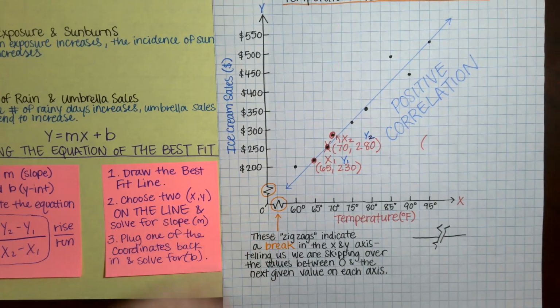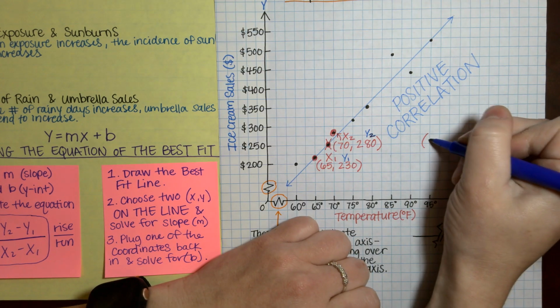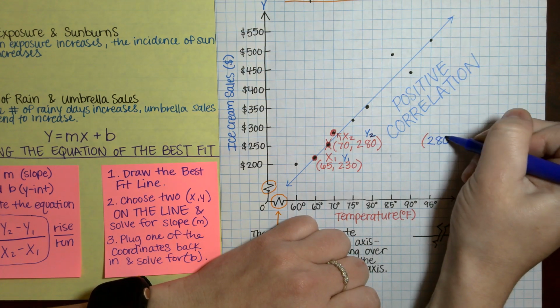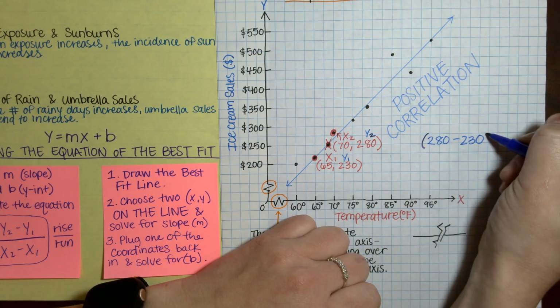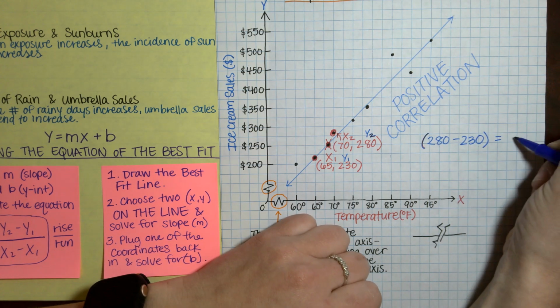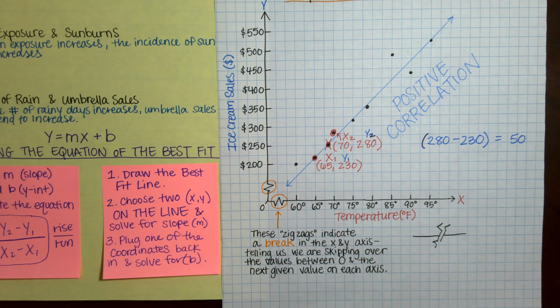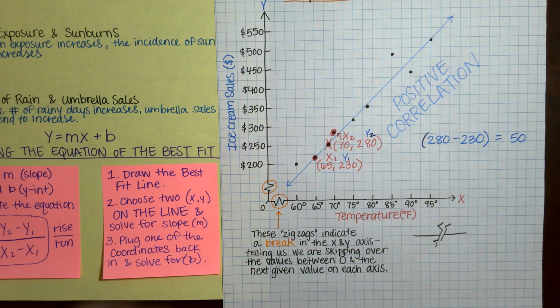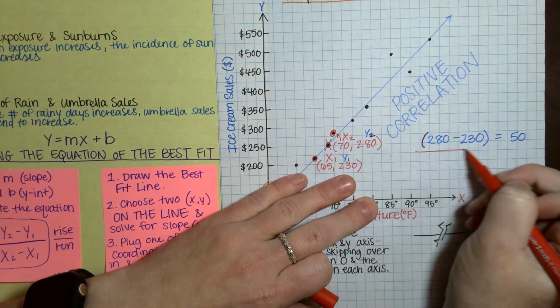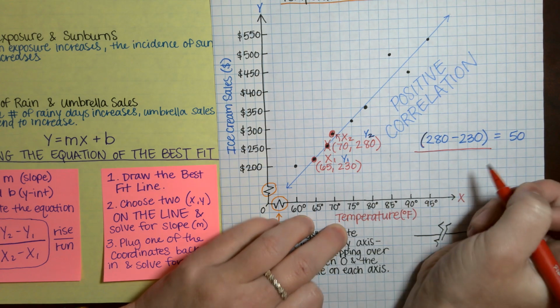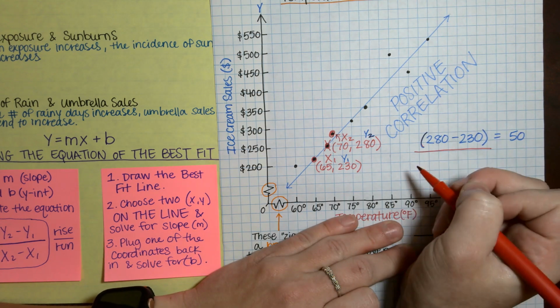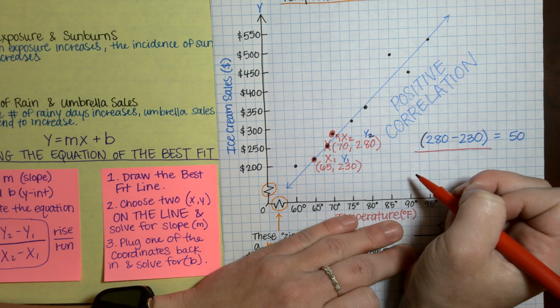All right, so you did 280 minus 230, correct? Yep. And you got 50. And then what did you do on the bottom for the x's? 70 minus 65 equals 5. And then simplified it is 10 over 1.